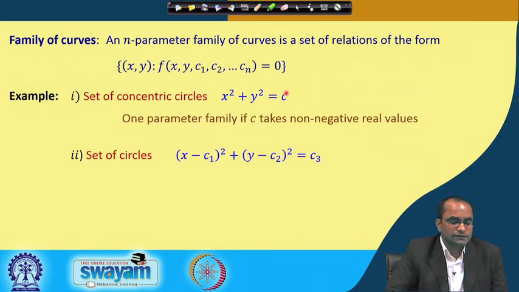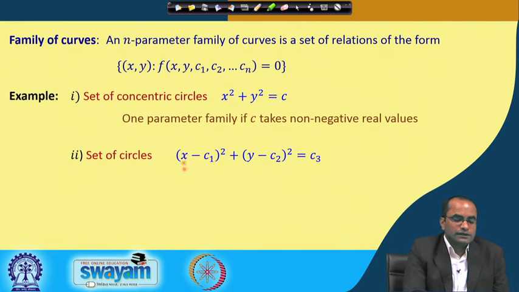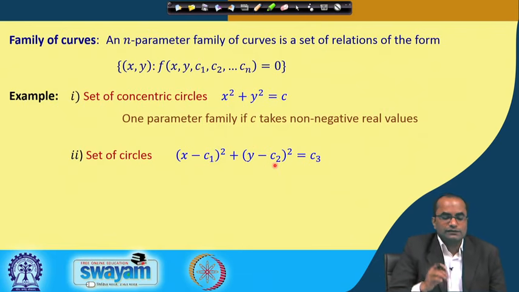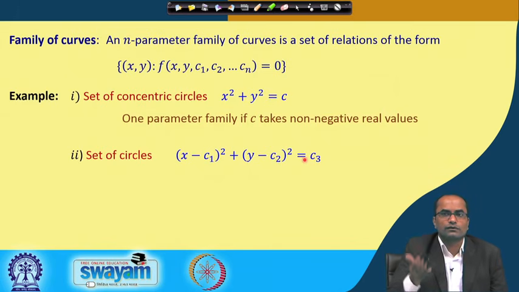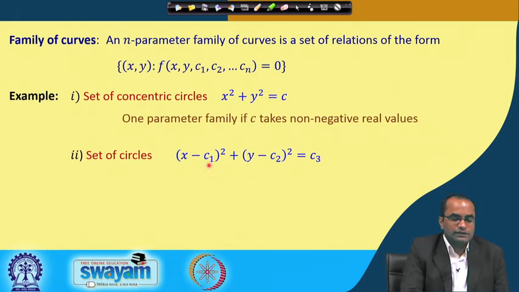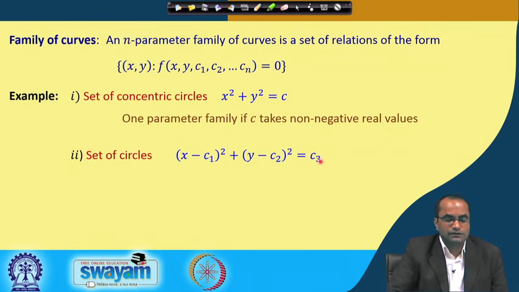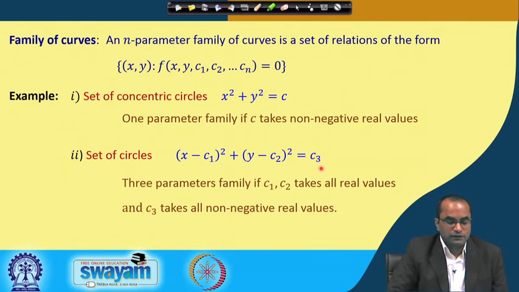Again, take the set of all circles, where now we also vary the center as well as the radius. We can choose c 1 and c 2 as any real numbers, and c 3 as a positive or non-negative real number.